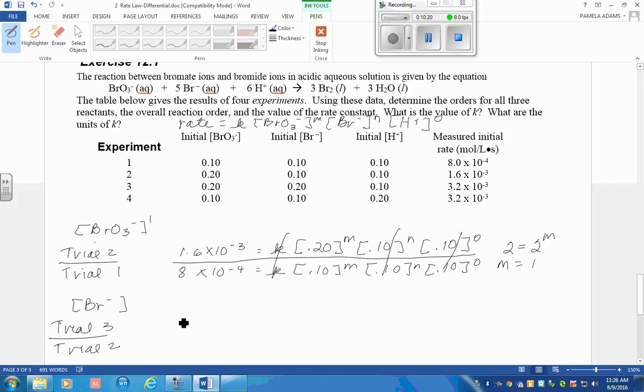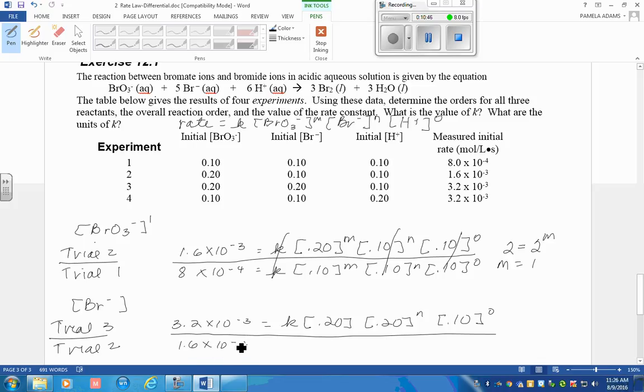Popping in the values, given 3.2 times 10 to the negative third is equal to 0.20. We now know this is first order. This is 0.2. Those are our values for trial 3, and these are our values for trial 2, 1.6 times 10 to the negative third. So this, and this will fall out.